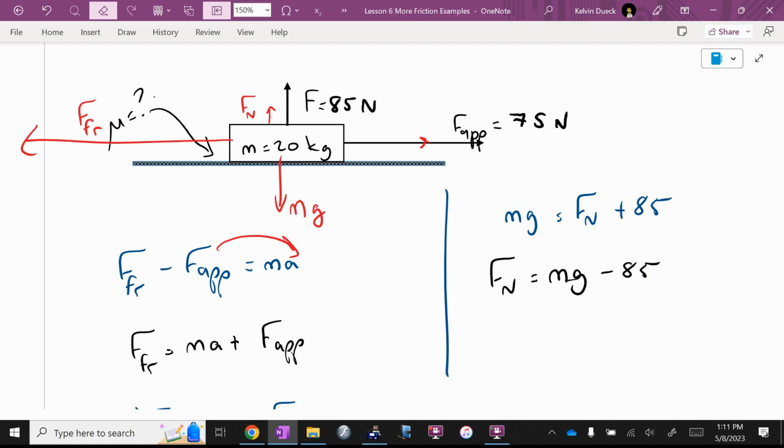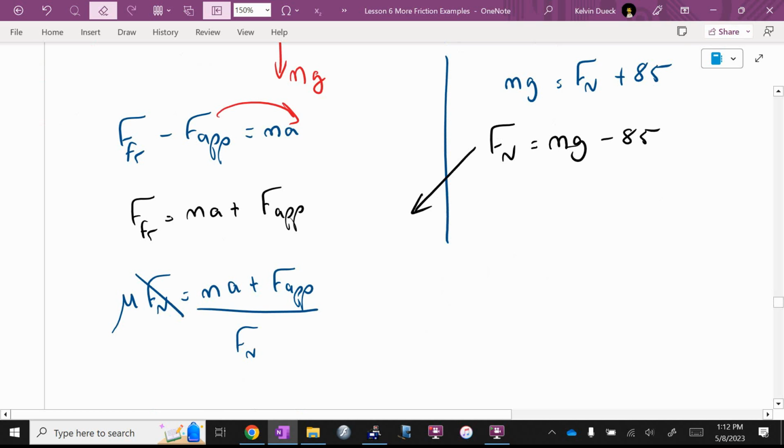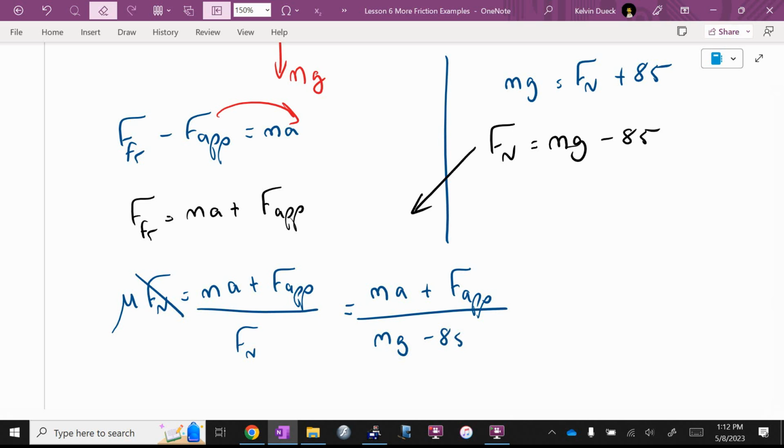Yes? And I'm going to put that in the bottom of the fraction. So I'm going to scroll back down. Hey, I can fit this all on one page. So it's going to end up being MA plus F app all over mg minus 85.